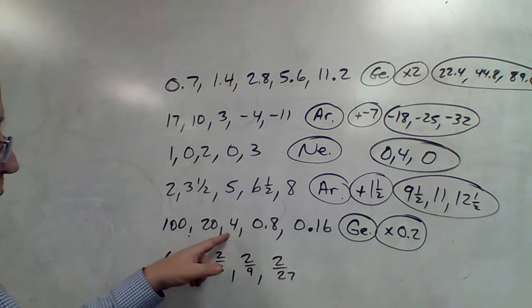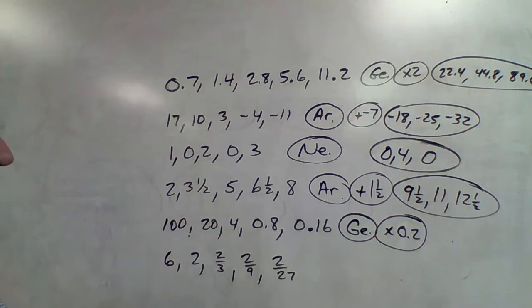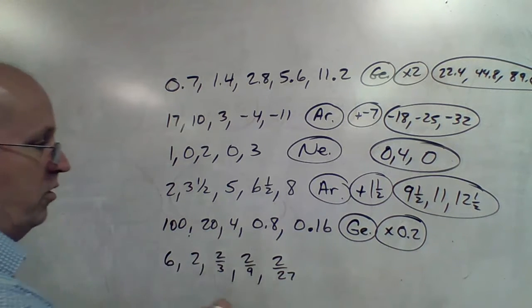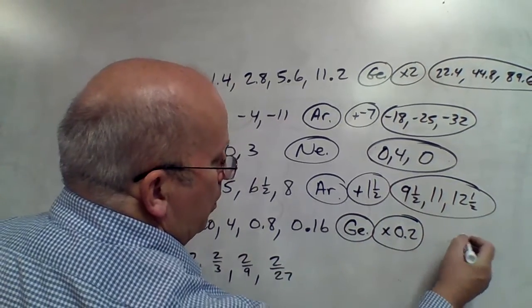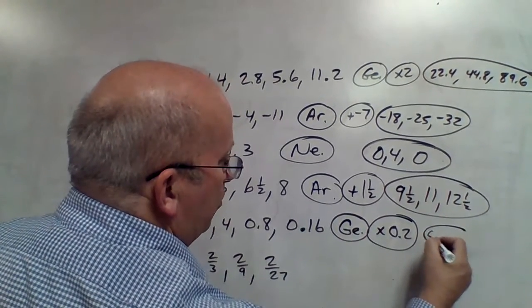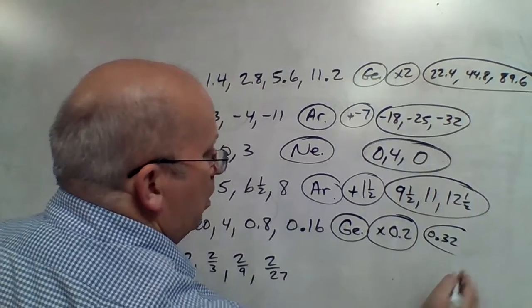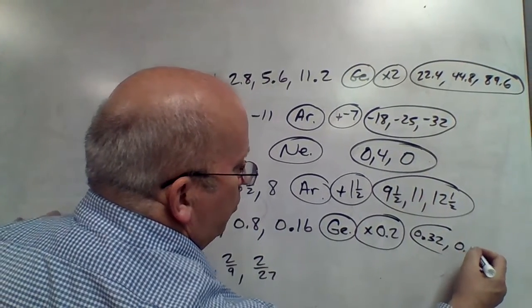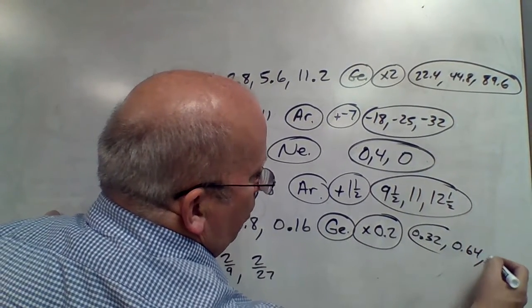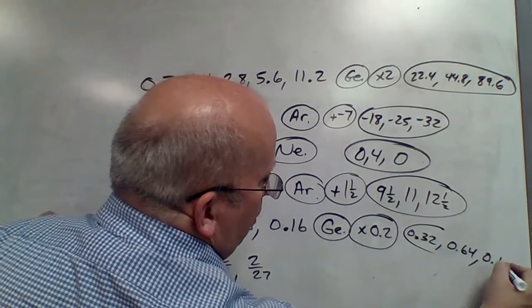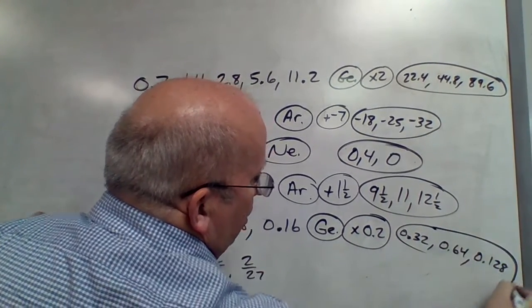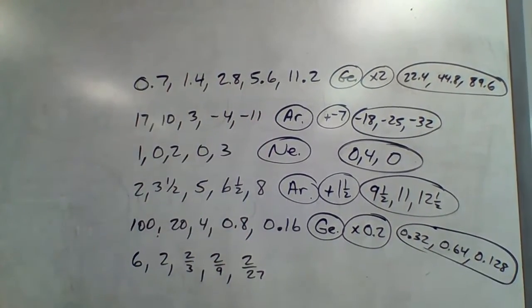And 20 times 0.2 is 4, and so on down the line. So what would be the next numbers in the pattern? Well, I think the next number in the pattern would be 0.032, and then 0.0064, and then 0.00128, because we are dividing by 5, or multiplying by 0.2.